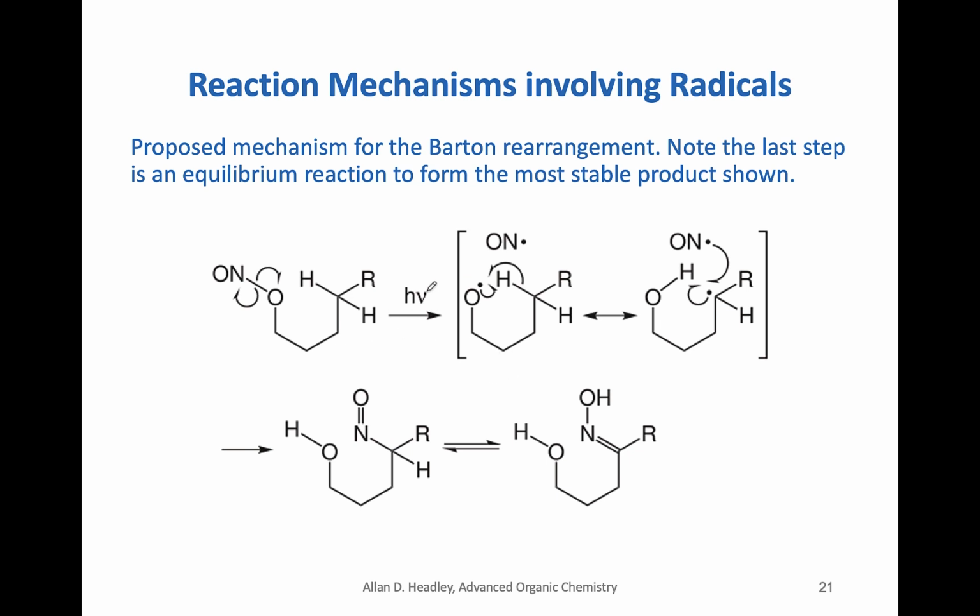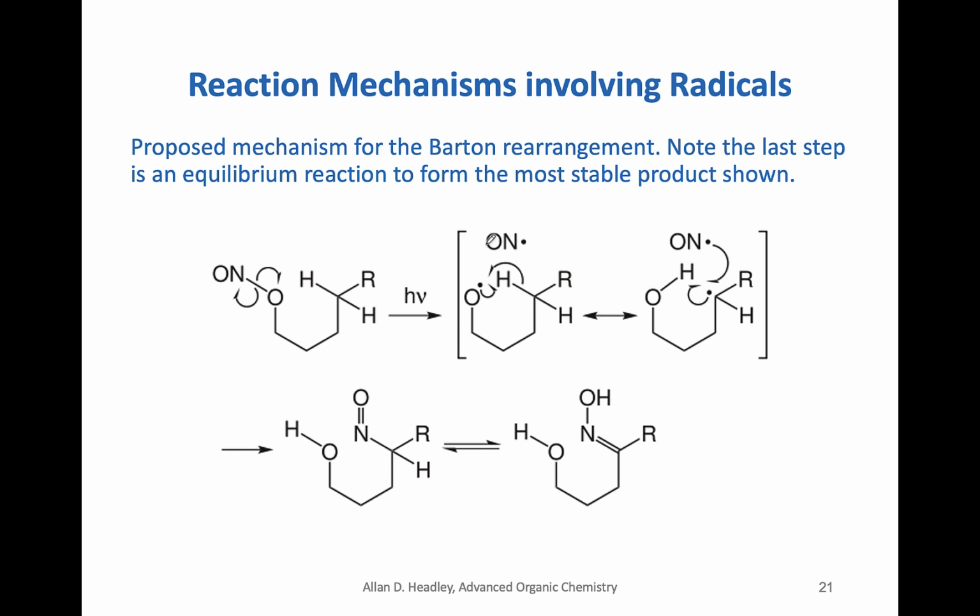So here we go. In the presence of light, of course, as you will recall, this is another symbol for light, h nu. It breaks this bond, not any other bond, because they are much stronger than right here. It breaks this bond homolytically, because one electron goes here and one electron goes onto the nitrogen to form this radical.